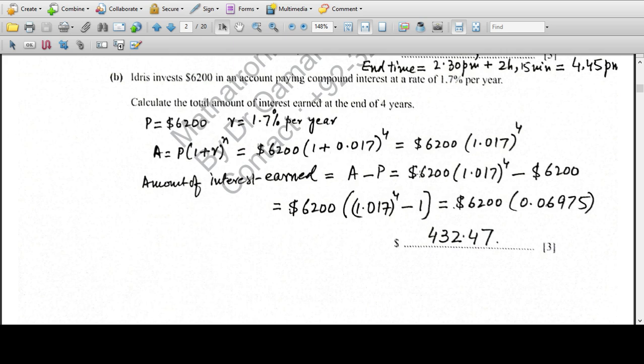We subtract the principal from this total amount after 4 years, so that will be the interest. On solving we obtain 432.47, so the amount of interest that Idris received is $432.47. This is a very important question.